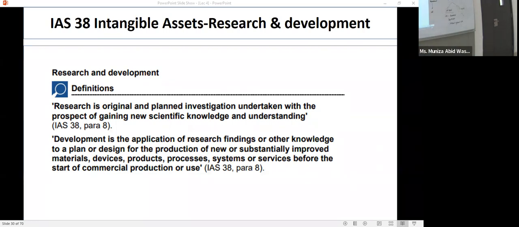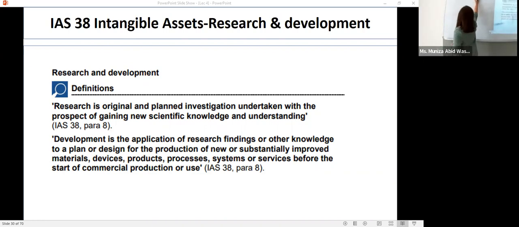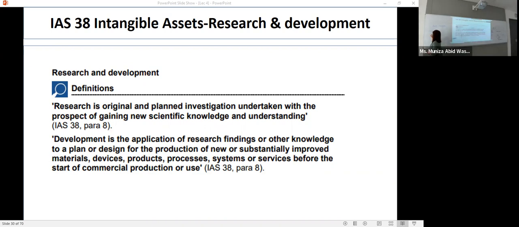Let me write it over there. Research and development. Research expense written off in SOPL. Okay, this is the first treatment.